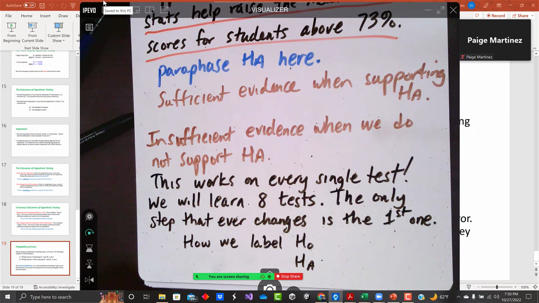They're different for each test. But in every case, H0 always has an equal sign. HA always has a less than, a greater than, or not equal. And I'll let you finish processing that, and then we'll look at some examples in 10.2.